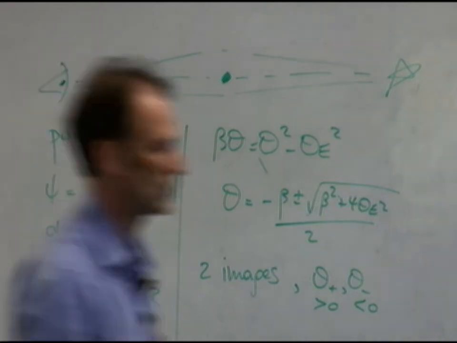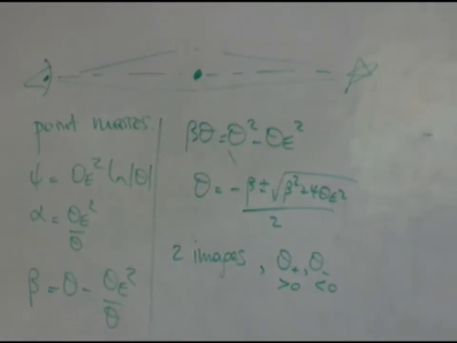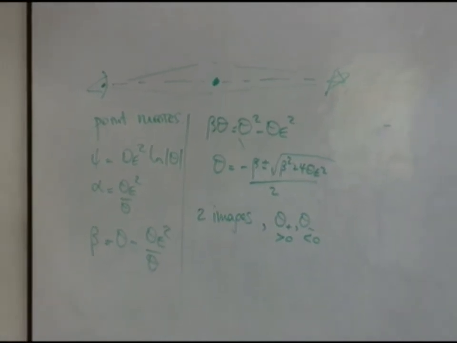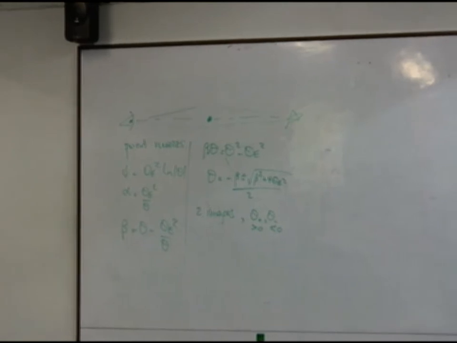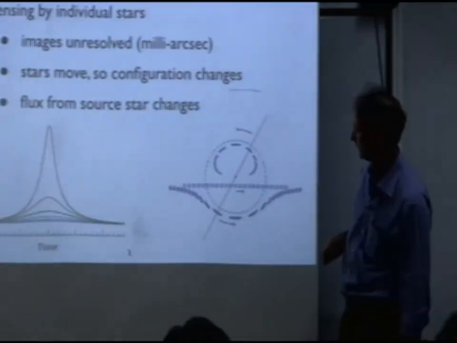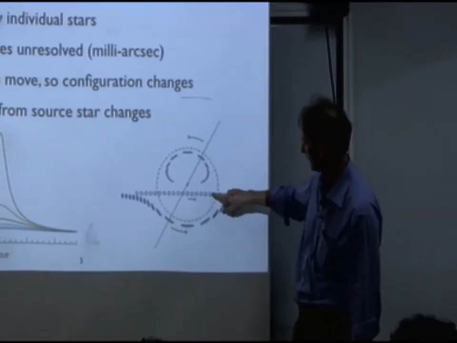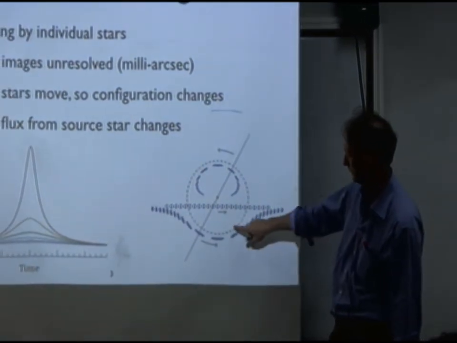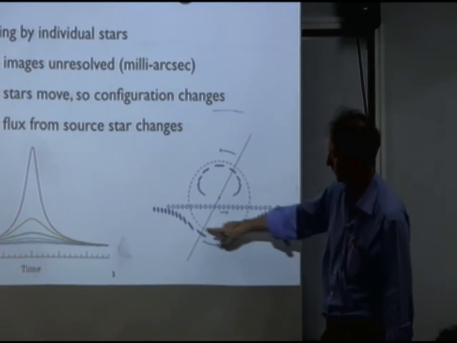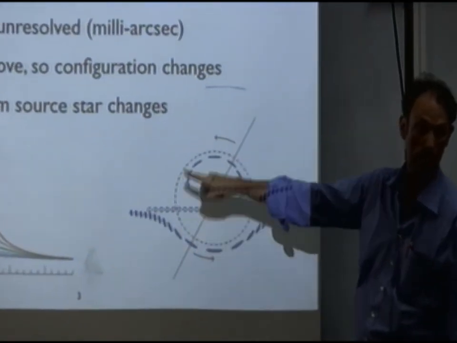So I think I have some images of this on the next slide. So this is the kind of solutions that you get when you have point masses at lots of different positions with respect to the lens. You get these double images, again, split by the location of the Einstein radius.